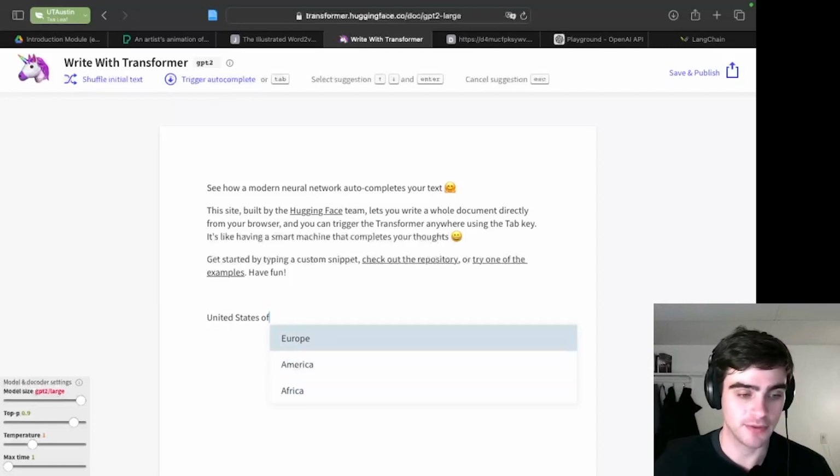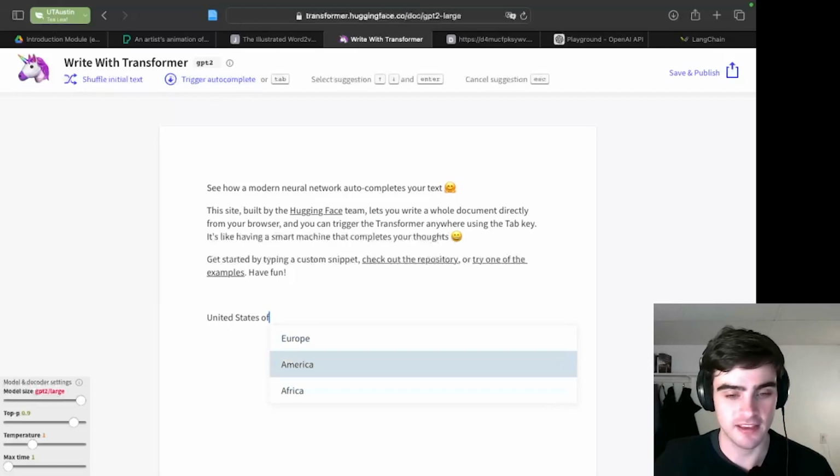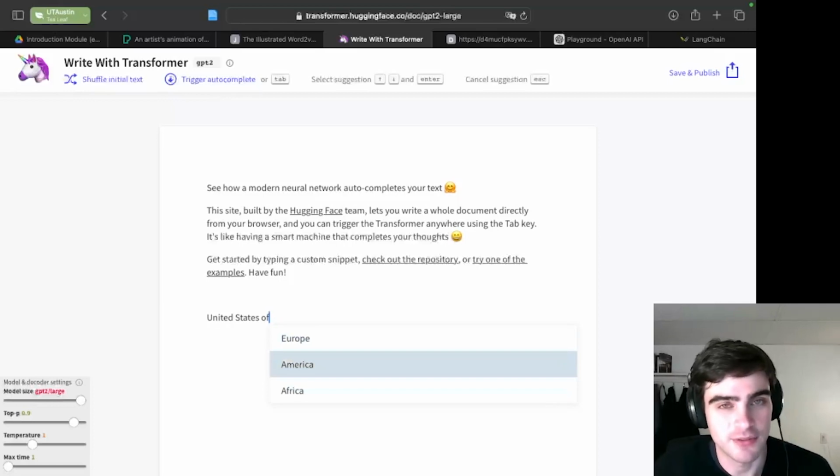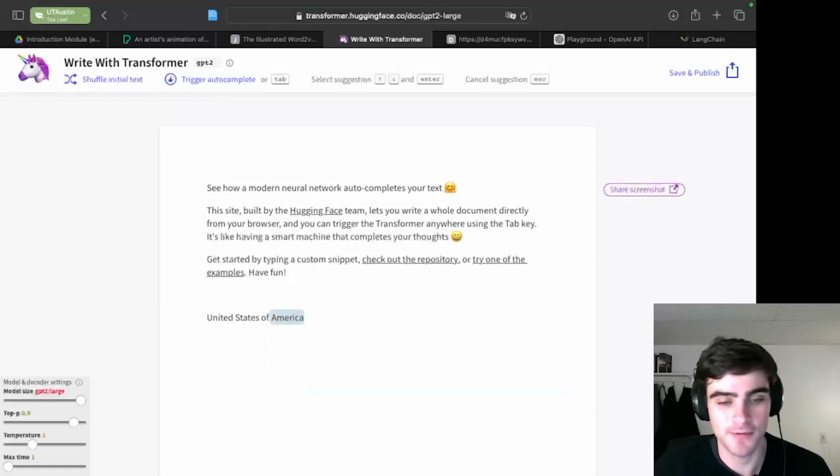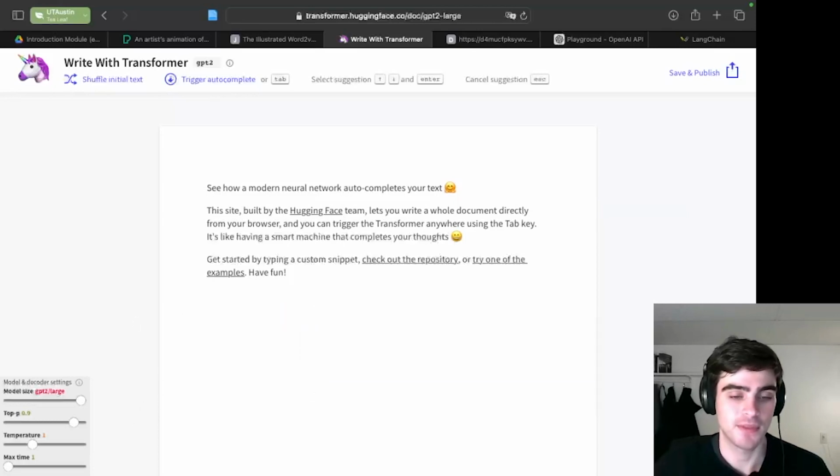Here it's giving me 3 probable words: Europe, America, and Africa. Obviously, only really America makes sense as of right now, so I'm going to hit enter, and I might hit tab once again, and it'll predict another word.